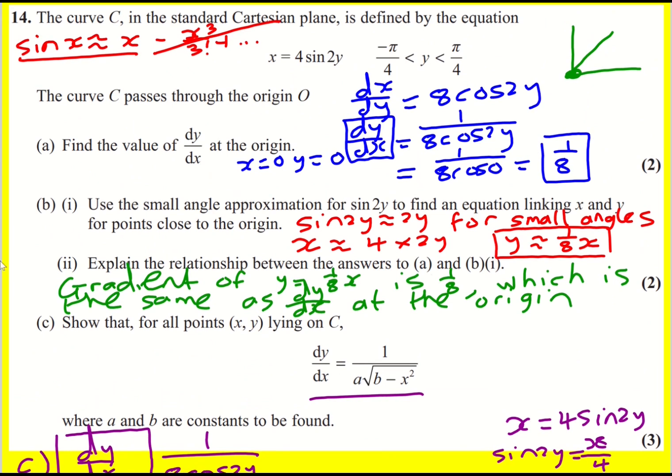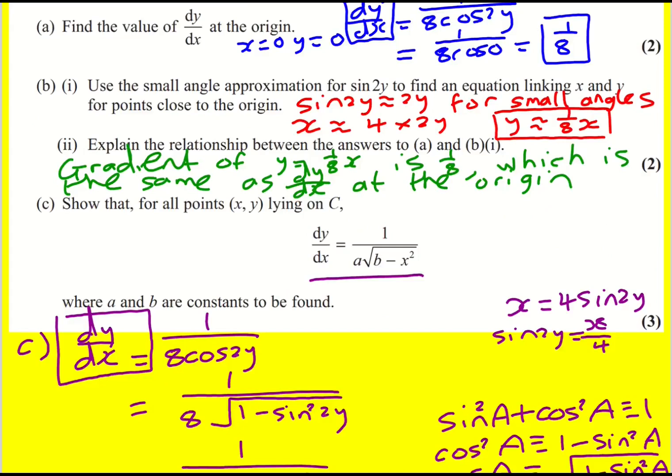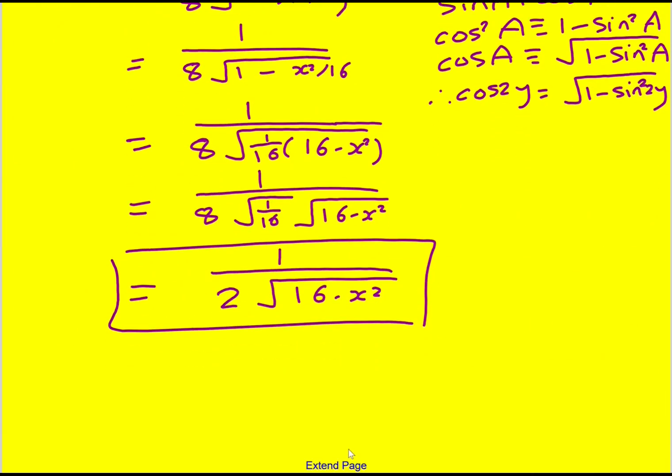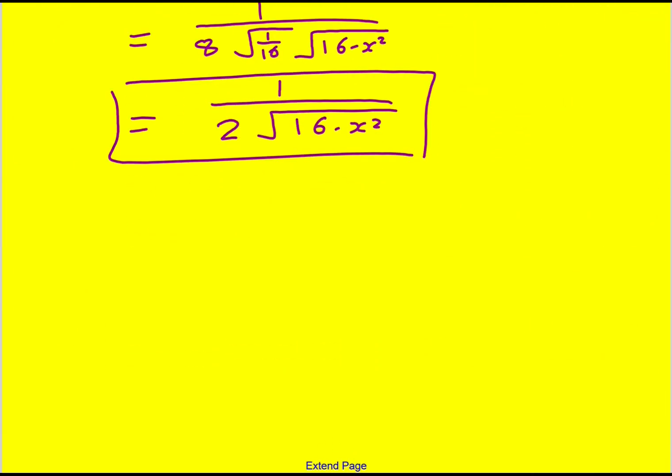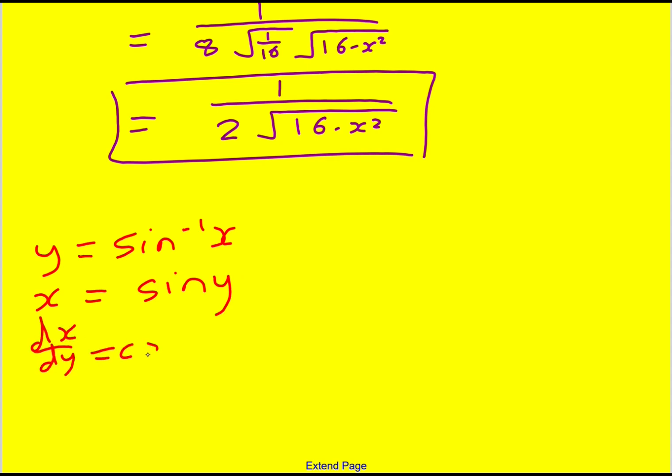It's going to actually finish by, this is where you maybe would have seen it if you've covered it. So if you want to differentiate inverse sine of x, then you do exactly the same process, x equals sine y, and then dx by dy is cos y, which means dy by dx is 1 over cos y.